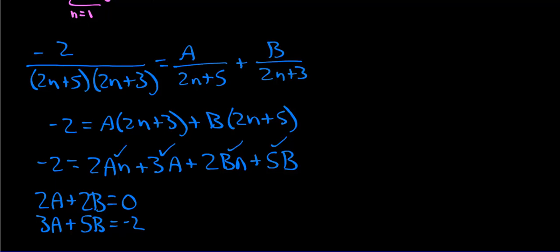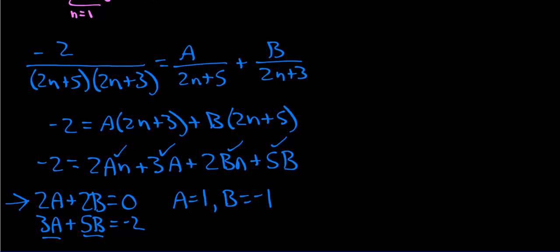So now we have a system of equations that we can solve, and of course we could use whatever method we like. However, it's pretty obvious that a and b need to be opposites. If a is 1, b is negative 1. Looking at the first equation, that works. Putting a equals 1 and b equals negative 1 into the second, I get 3 minus 5, which is negative 2.